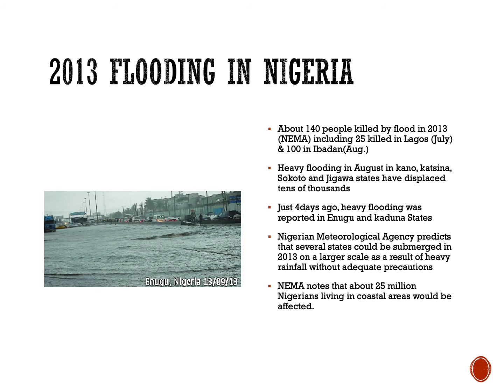The Nigerian agency in charge of predicting flooding, the Nigerian Meteorological Agency, predicted that several states could be submerged at the end of 2023 due to large-scale rain, and that this can affect about 25 million Nigerians living in coastal population.